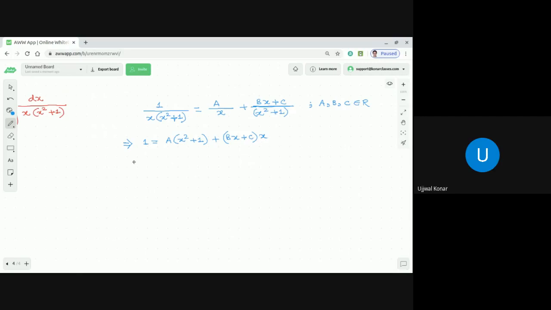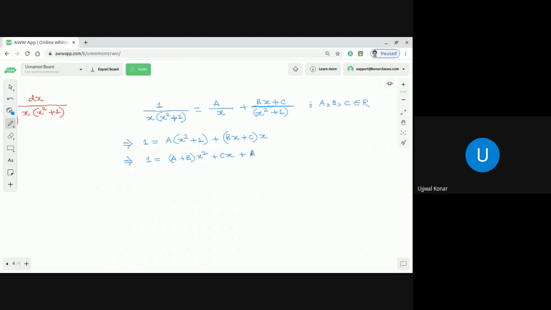Now from here what can you write? I write 1 is equal to a plus b into x square, because the coefficients of x square are a and b in the two expressions. Correct, no? Plus c into x plus a.